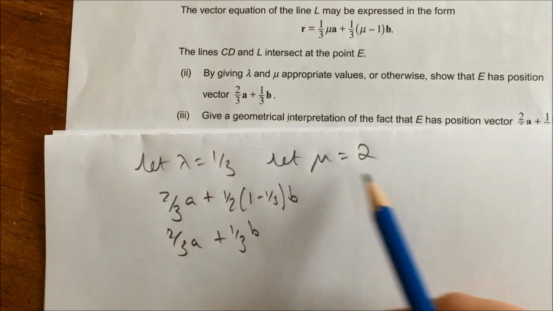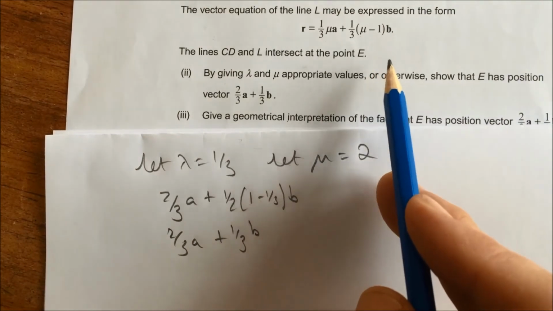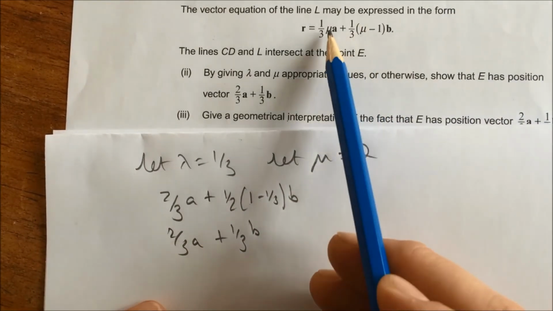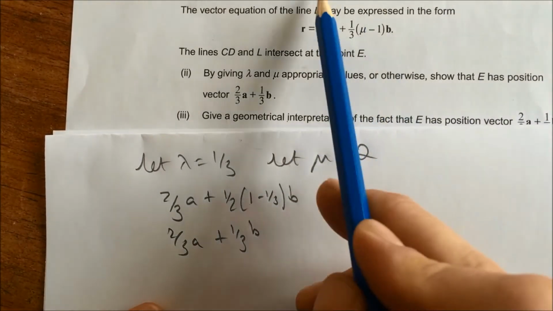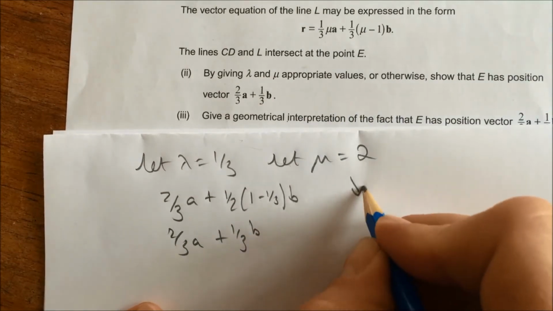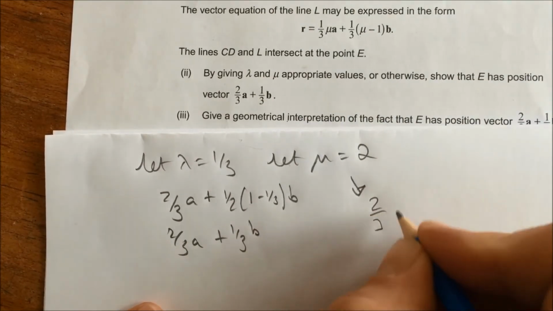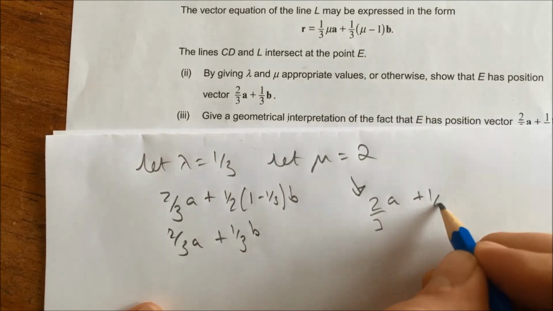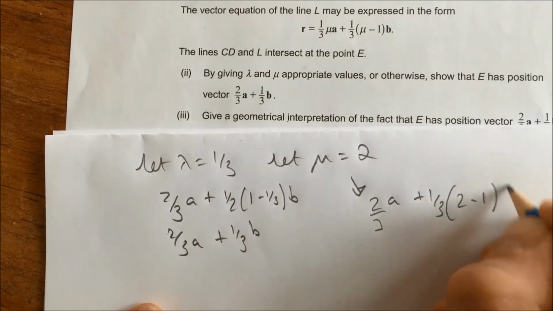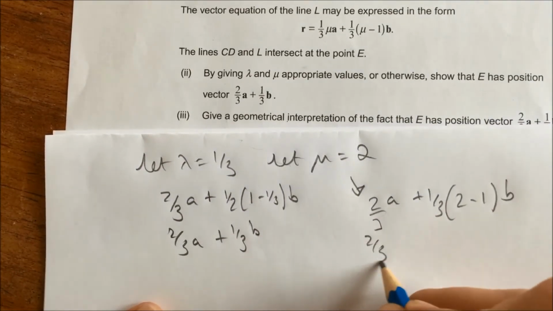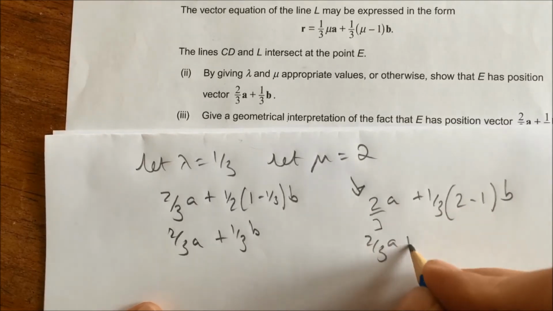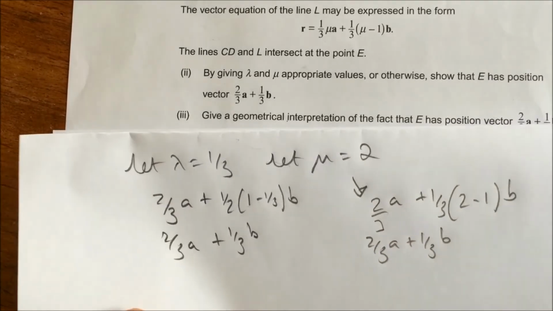But of course, we have to do that in the other equation as well to show it intersects. So substituting mu for 2, because that's the coefficient of lambda, gives me this, 2/3 a plus 1/3 2 minus 1 b, which of course is 2/3 a, 2 minus 1 is 1, plus 1/3 b.